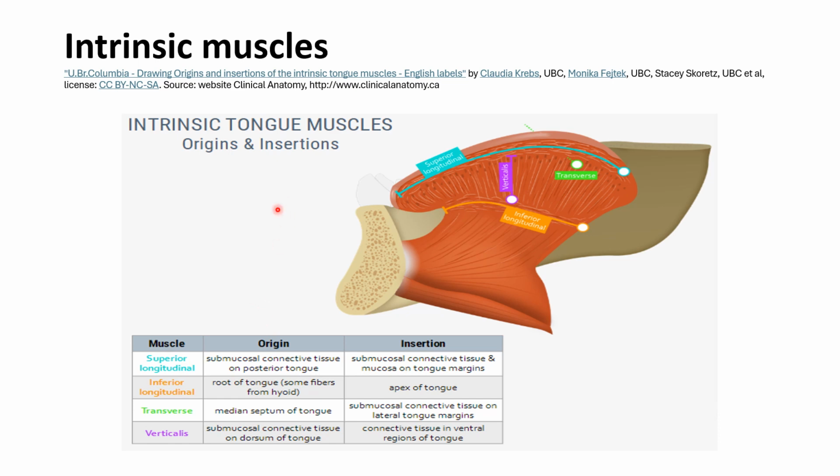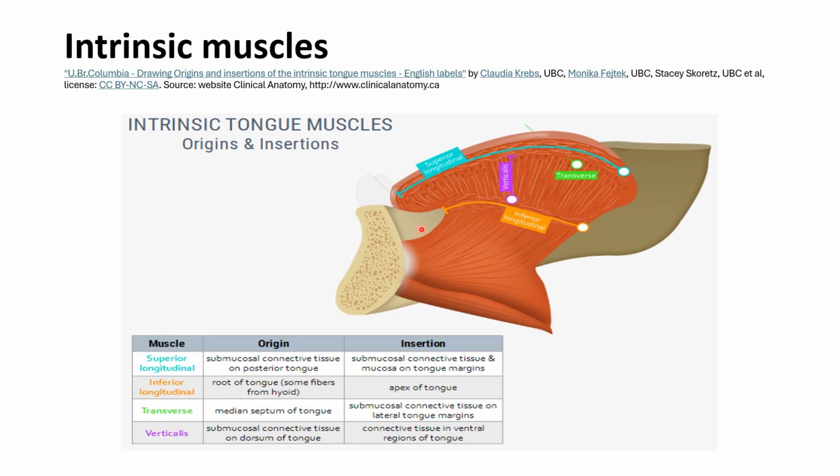As I already said, the origin and insertion is not so important for MBBS level, but let's see the intrinsic muscles. So here is the longitudinal muscle. This is the superior longitudinal muscle. It goes from the tip along the whole dorsum towards the root.